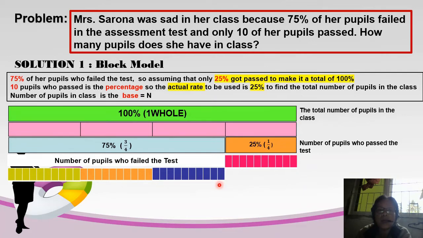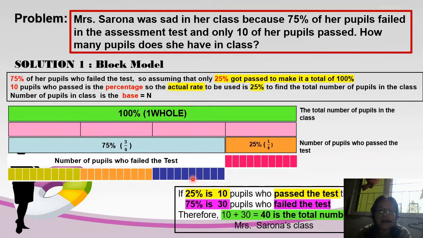So therefore, if we count the number of pupils that represent the 75% based on the smallest blocks below, we can say that there are 30 pupils. Okay? So if 25% is 10 pupils who passed the test, then 75% is 30. Why 30? We're going to count. We have 10, 20, 30.